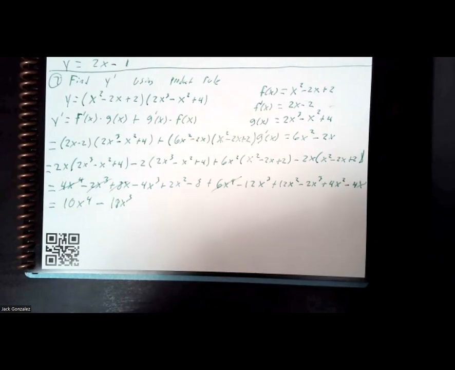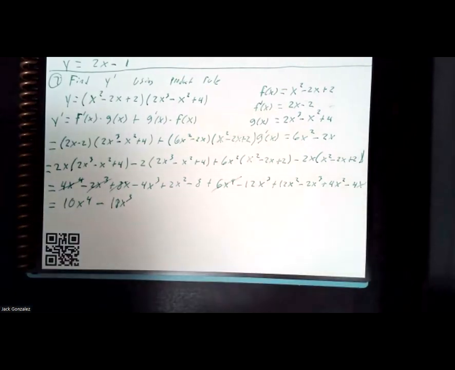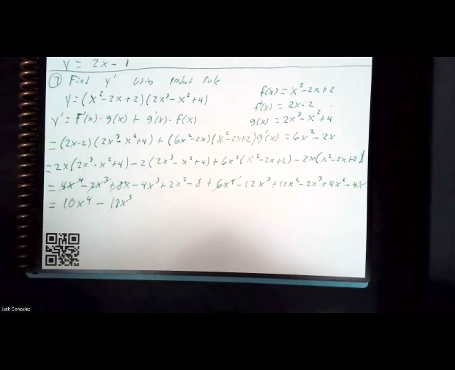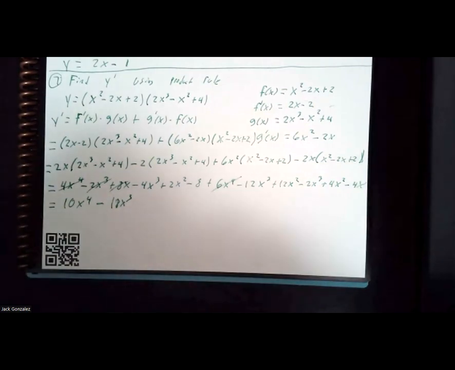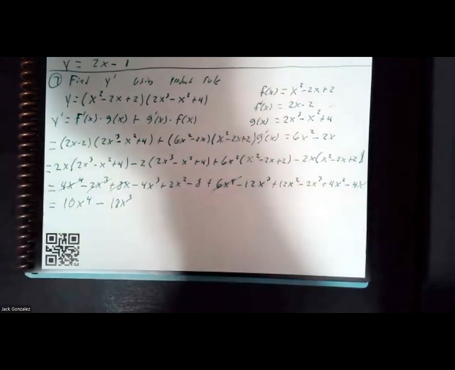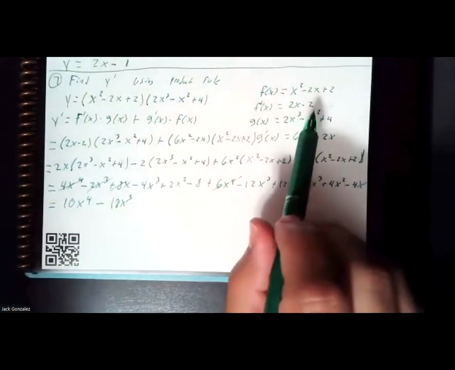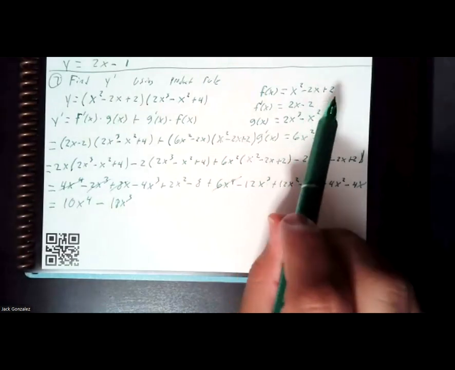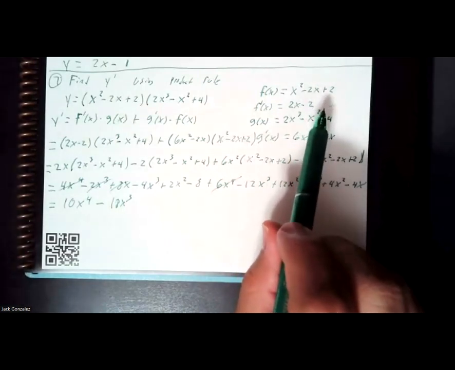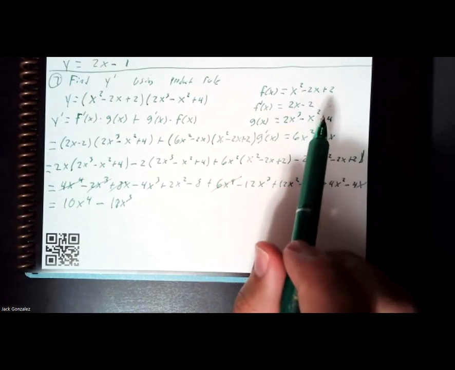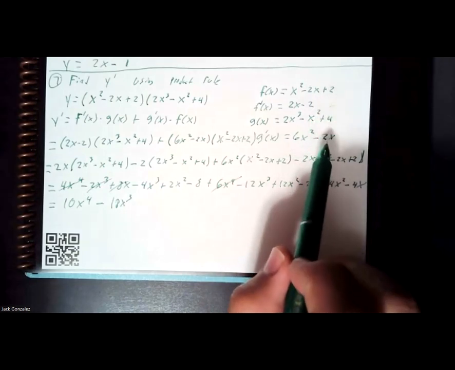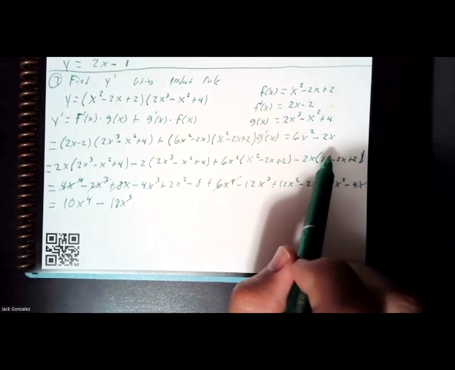They're getting negative 20x cubed. Did I write the question wrong? No. Well, my derivative is wrong. Derivatives look right.